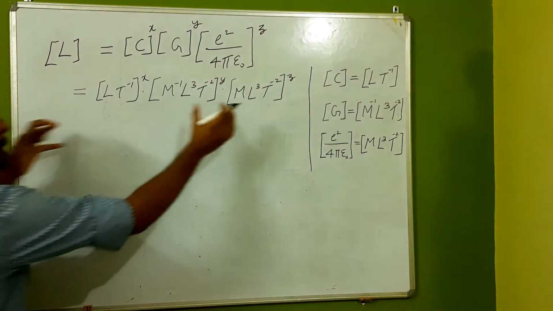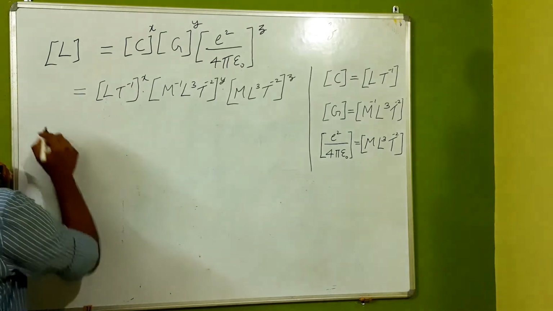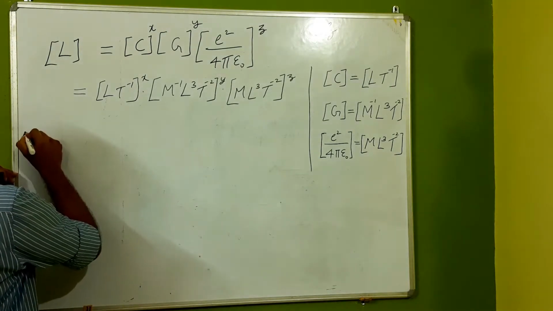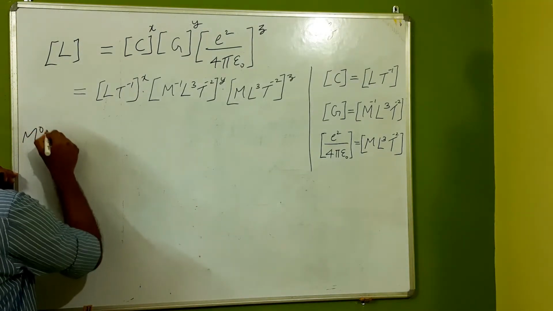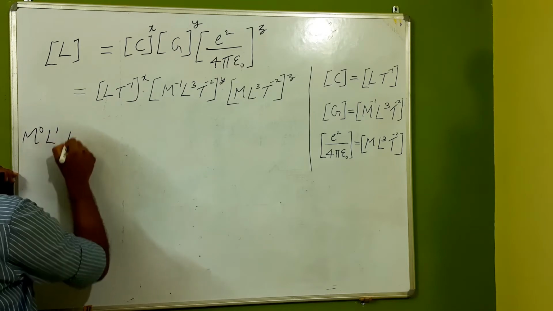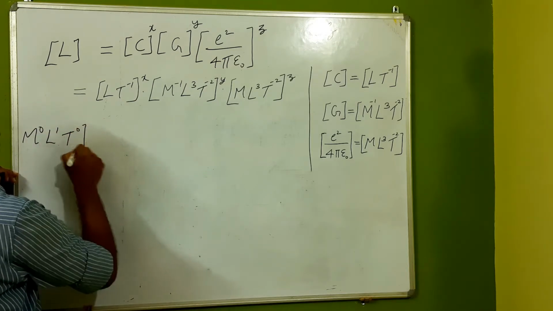So we have to combine these three terms. In the left side we have m raised to 0, L raised to 1 and t raised to 0.